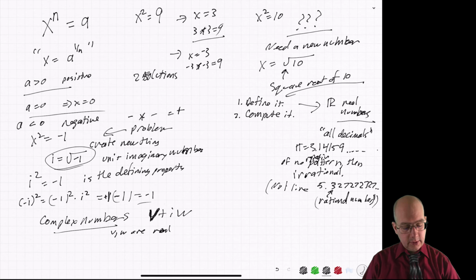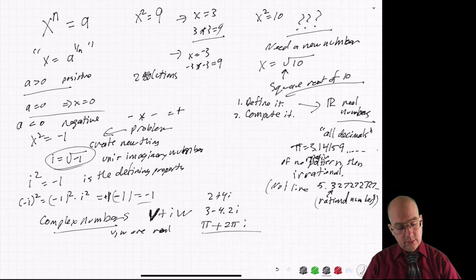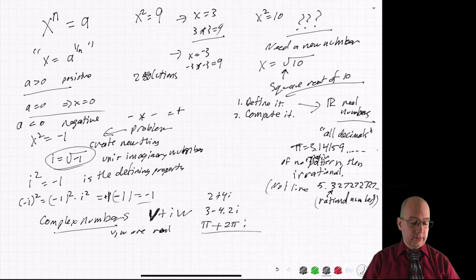So it could be like 2 plus 4i, 3 minus 4.2i, we could do pi plus 2 pi i. Right, whatever. Need to define addition and multiplication and really show how all this stuff works.